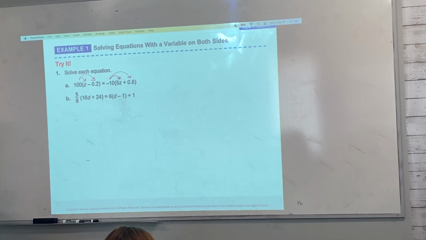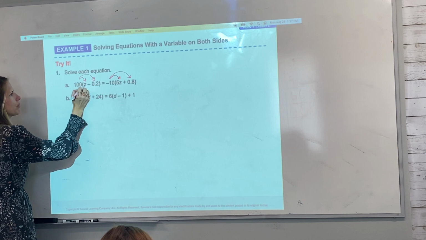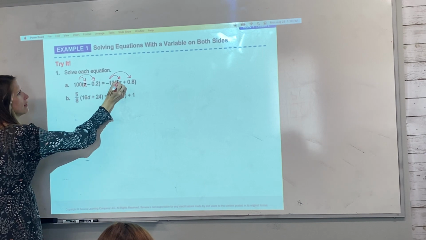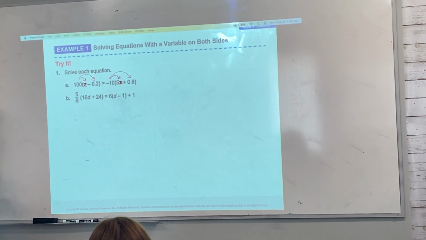When I write my z's as variables, I always put a little line through them, otherwise they can sometimes look like 2s. All right, keep working, see if you can get it.